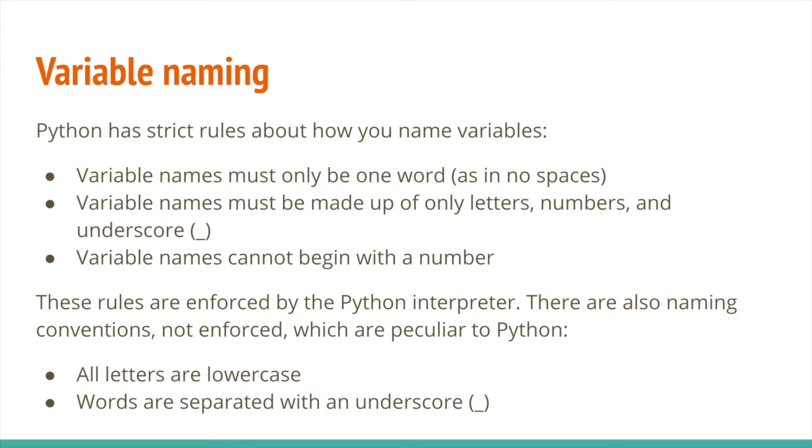So in variable names, all letters are lowercase, except for certain kinds of variables which are constants. We often use all uppercase for those. Words are separated with an underscore. So if we have a variable name like label counter, there is an underscore between label and counter.